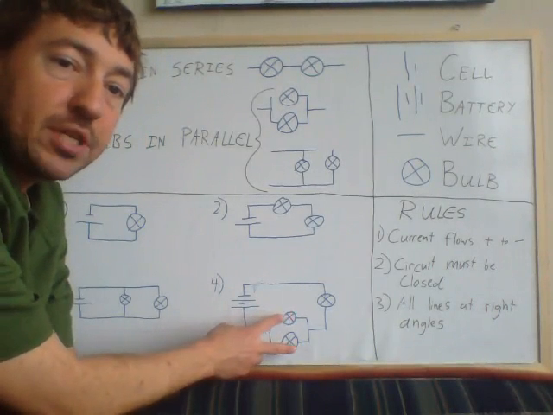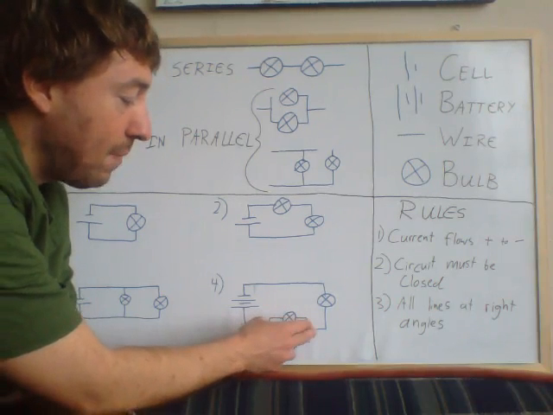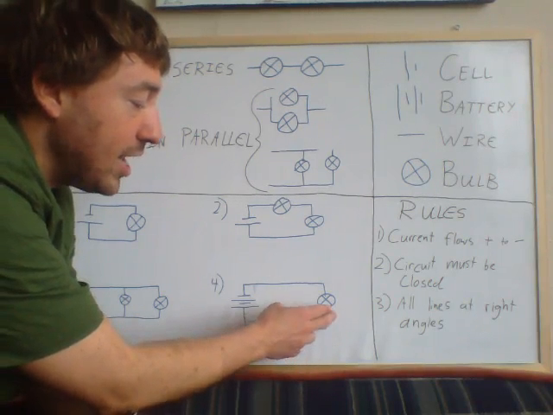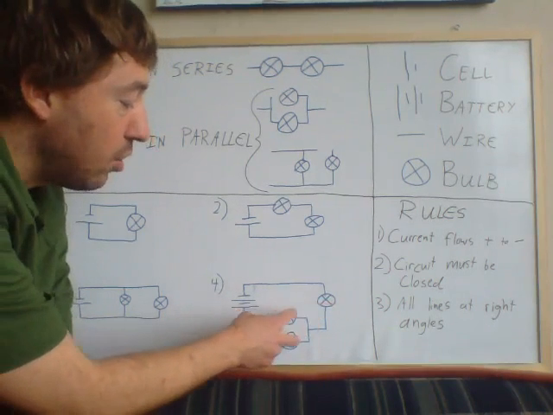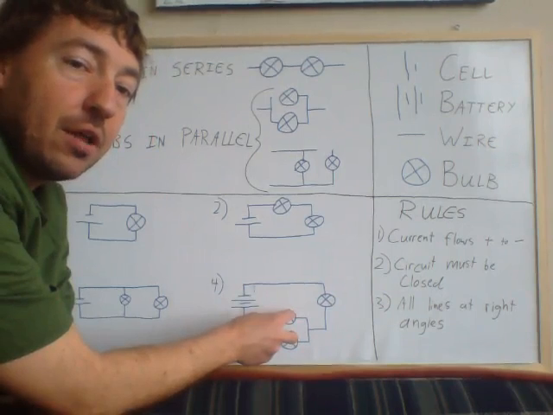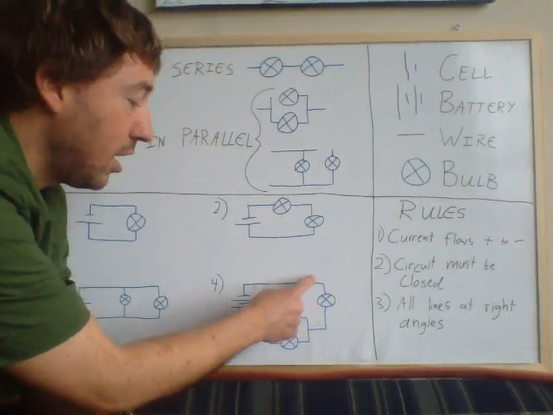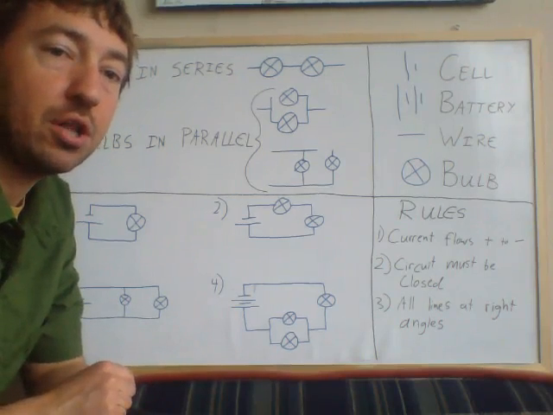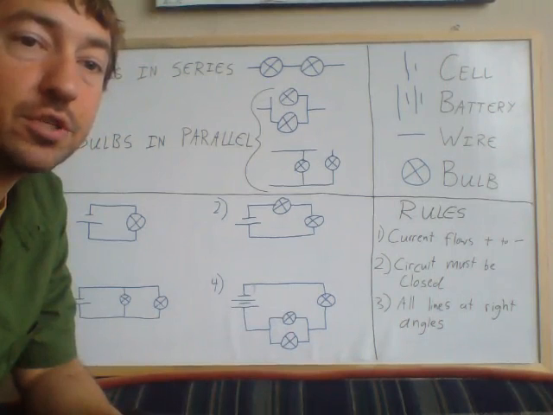We've got 2 bulbs here that are in parallel. It's going to come back together. And then it hits another bulb that is in series. So these 2 bulbs in parallel are in series with this bulb here before the power gets all the way back. That is the basics of circuit diagrams.